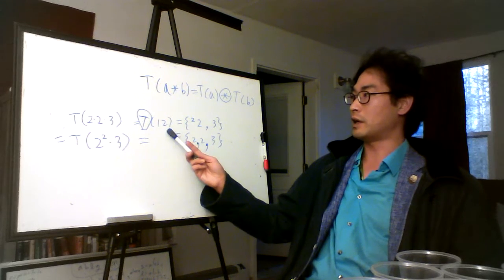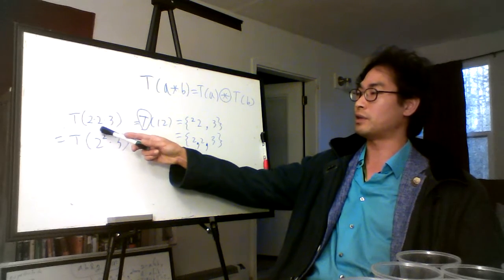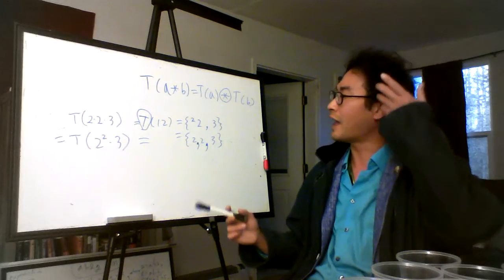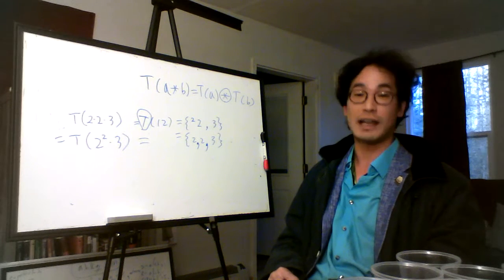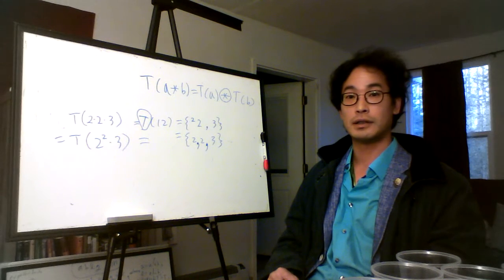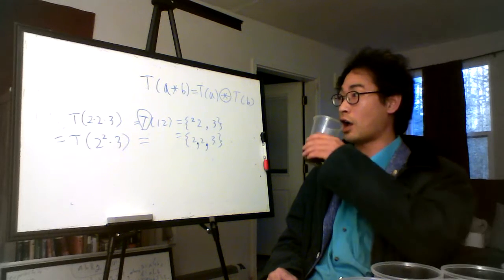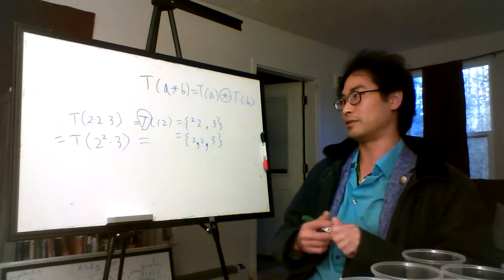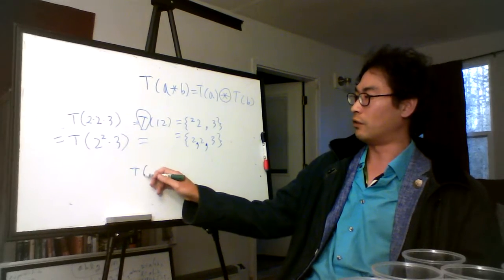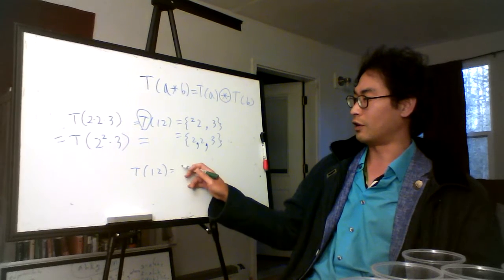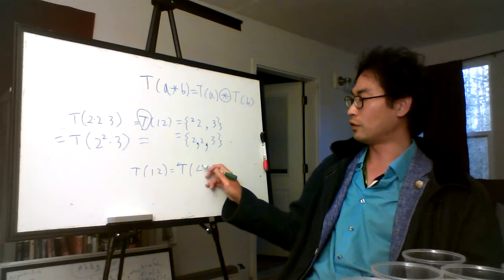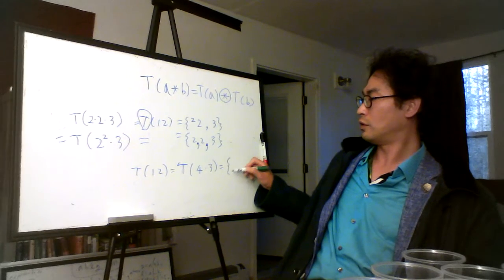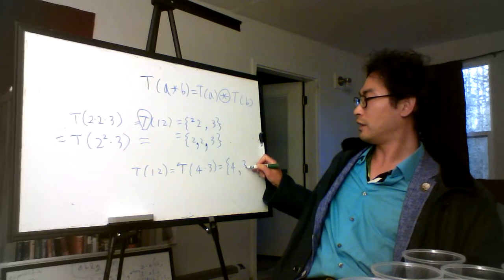You have a number expressed as a product of prime numbers. And actually, does it have to be prime numbers? Yes, actually it does. For example, t of 12 is equal to what? t of 4 times 3. And does it equal 4 comma 3?